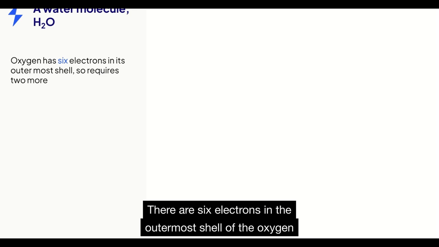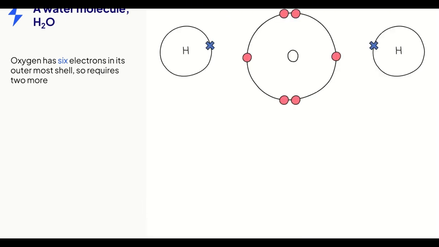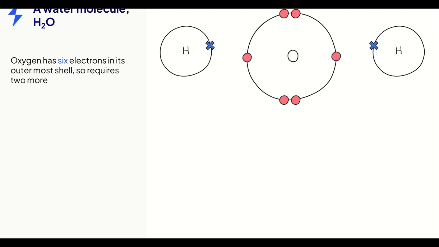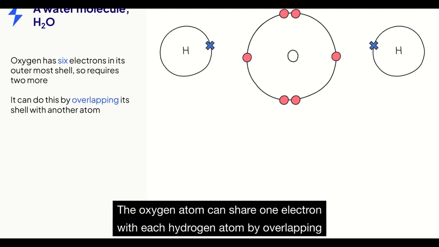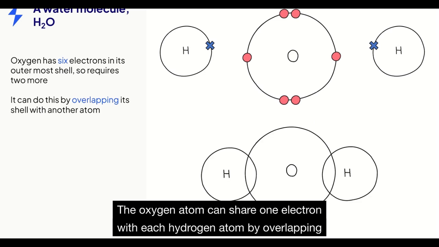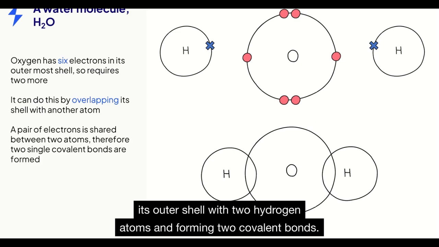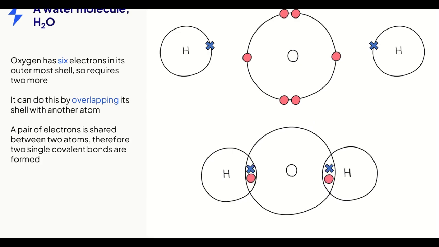Water has the formula H2O. There are 6 electrons in the outermost shell of the oxygen atom, so it requires 2 more. As we know, hydrogen only requires 1 more. The oxygen atom can share 1 electron with each hydrogen atom by overlapping its outer shell with 2 hydrogen atoms and forming 2 covalent bonds.